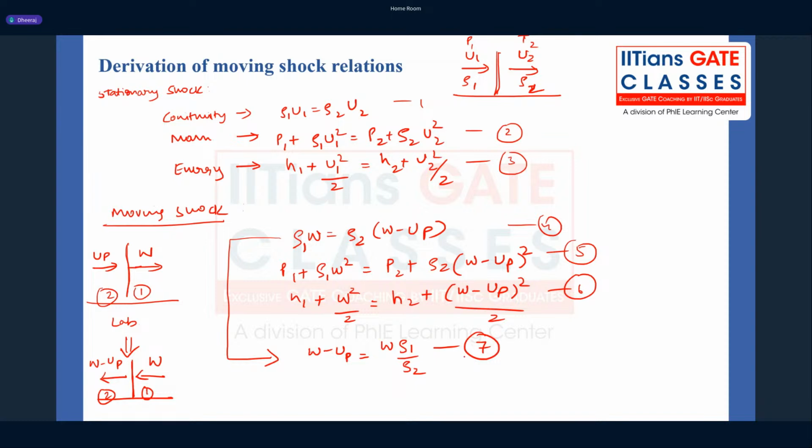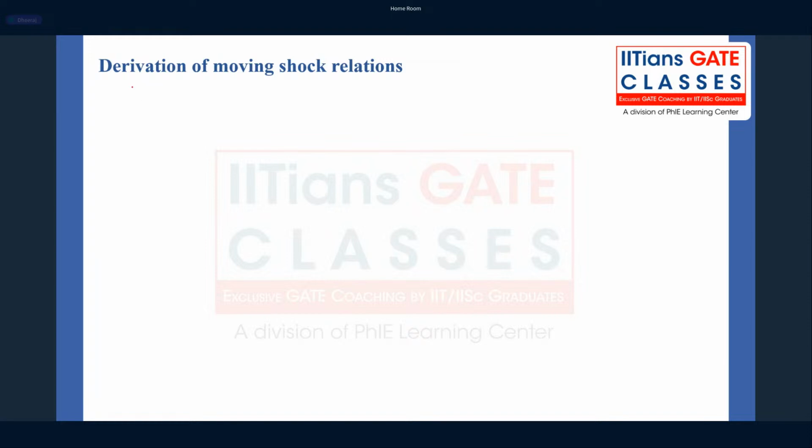Plugging this 7 into my 5, that is the momentum equation, I will get p1 plus rho1 w square equals p2 plus rho2 into w rho2 by rho1 whole square.